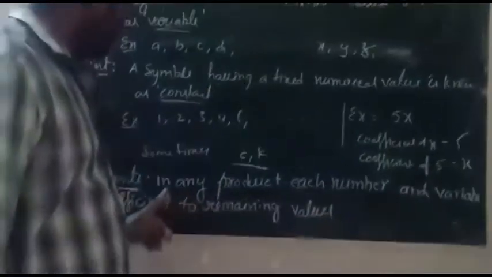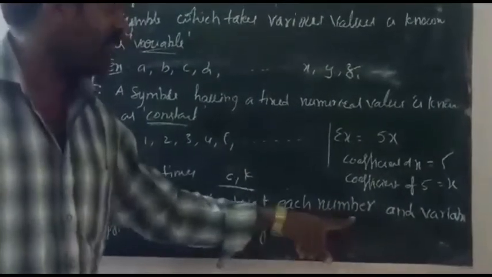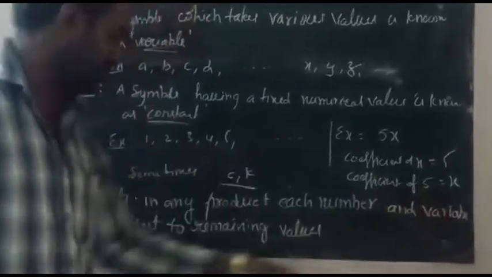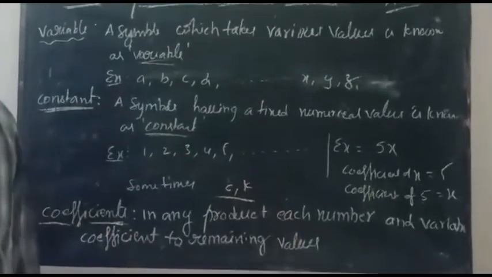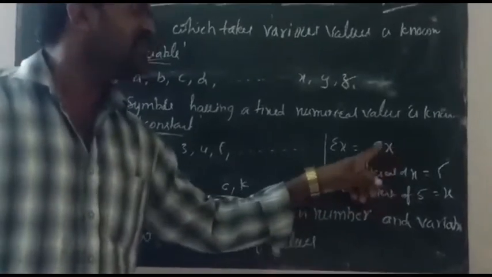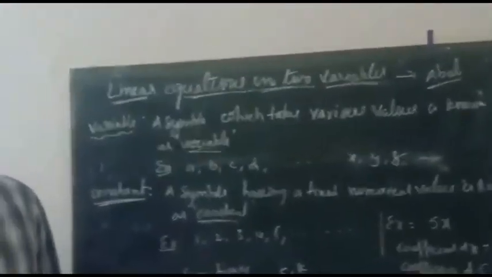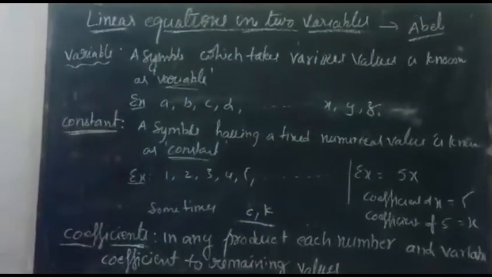That is the meaning. In any product, the numerical number and variable are coefficients to the remaining values. 5 is the coefficient of x, and x is the coefficient of 5. Write, copy in your classwork.